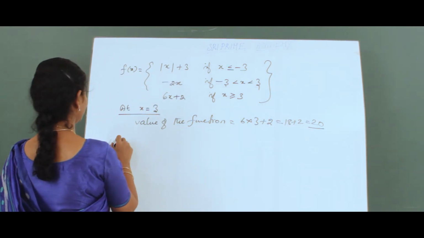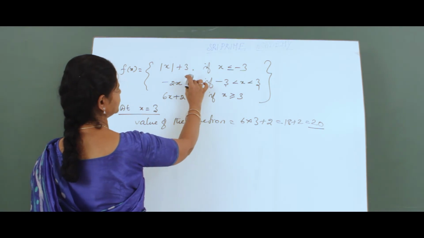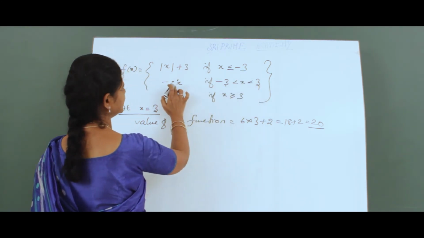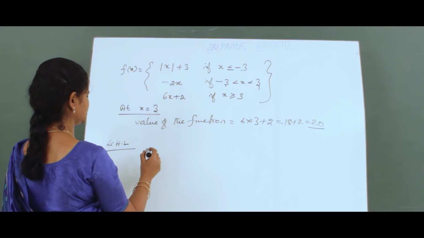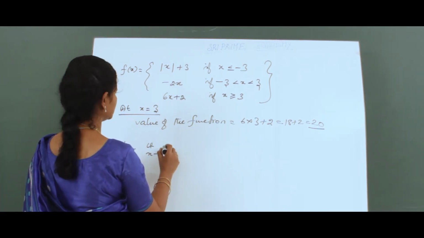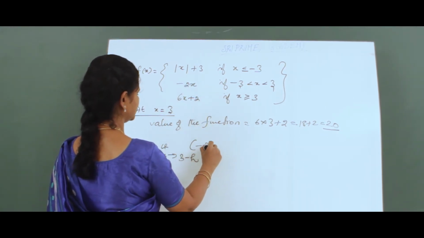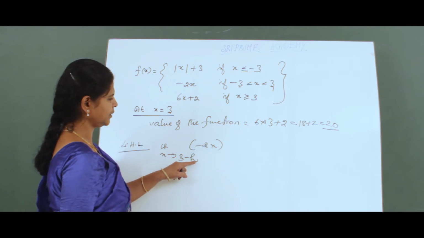Next, let us take the left hand limit. What is the left hand limit? The left hand limit is this portion, where x is less than 3, and the right hand limit is this portion. So limit x tends to 3 minus h, f of x is -2x. Where x is there, substitute 3 minus h.